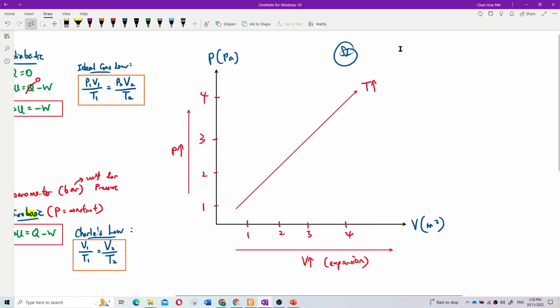Actually, it's like that. This pressure volume graph, we call it the PV graph. It has many isotherm lines. Let me draw the isothermal line.